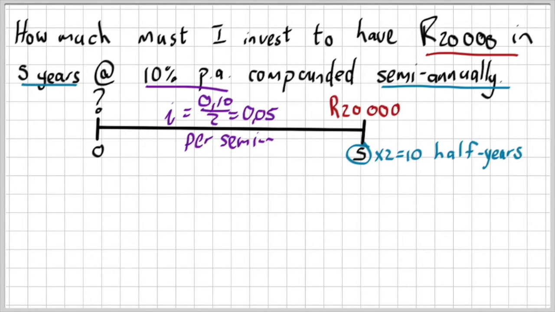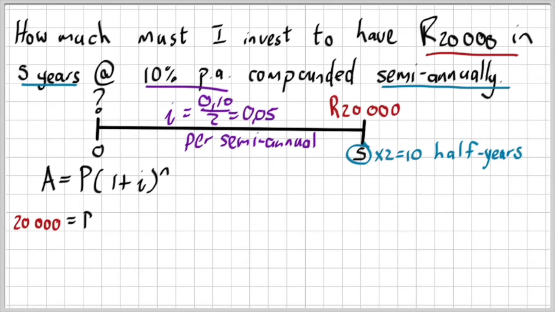So when going to the formula, I'm always going to start off by saying A is P(1 plus i) to the N. Starting with my formula, I'm going to substitute my 20,000 into A, my interest rate in there, and my 10 half years into N.